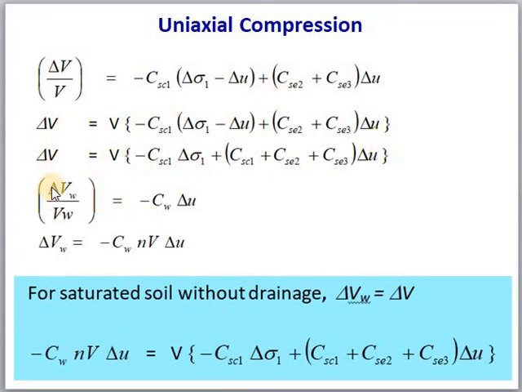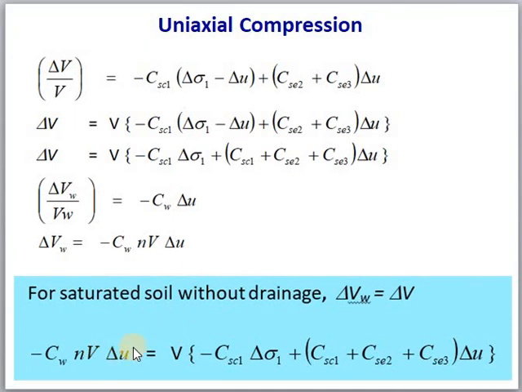Then we know that delta VW by VW, that is the volume change in water, is the compressibility of water multiplied by the pore water pressure, and that expression we have already modified in terms of total volume of soil, that is delta VW is equal to minus CW multiplied by n into V into delta U. So just equate, for saturated soil, this change in volume due to water will be the overall change in the soil volume.